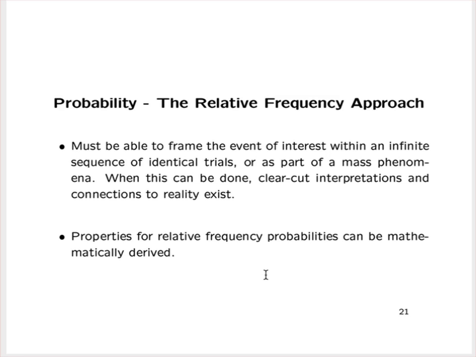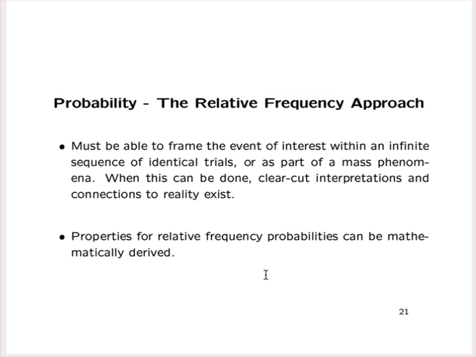Now, let me ask you a question. If you think about how different the ideas and definitions of classical probability and relative frequency probability are, would you expect that the properties of those two types of probabilities would be the same?